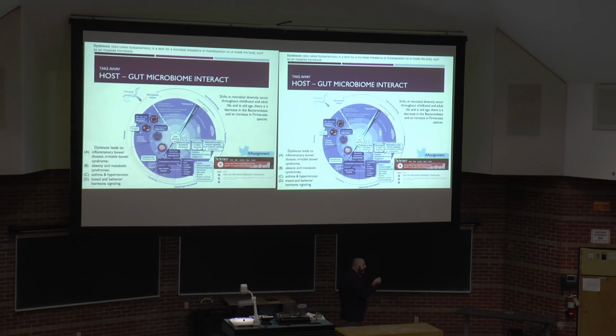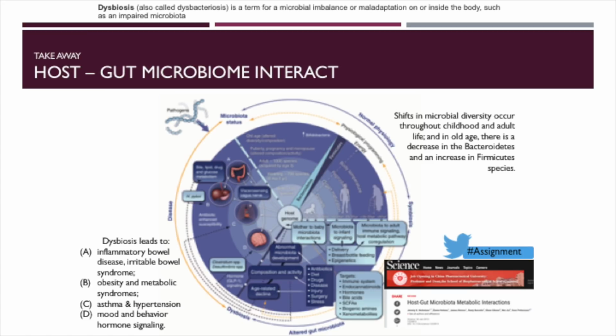The other thing is, and again, we are still at the infancy of this science. There is so much material and interactions that we have no idea of the ramifications. But when you get into dysbiosis, and dysbiosis is when you have a microbiome that has shifted or been influenced, and this is a maladaptation, typically leading to some kind of impairment.